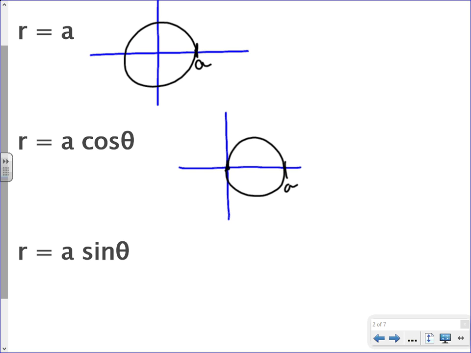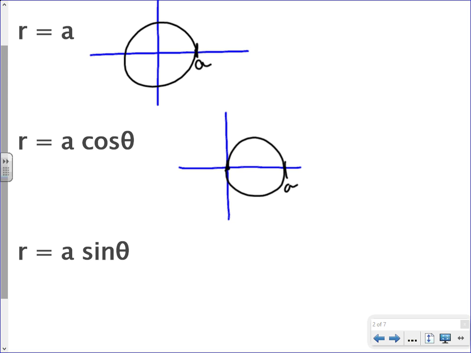So it stretches all the way to A, but really that's the diameter since the edge is on the pole. Kelsey, if we wanted this circle to be on the left side instead, what would need to be different about our equation? If A is negative, our circle would be to the left of the pole.